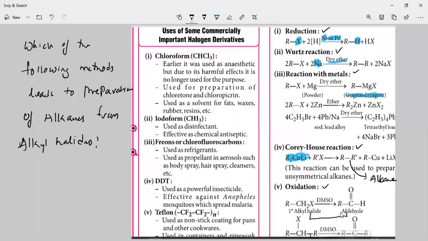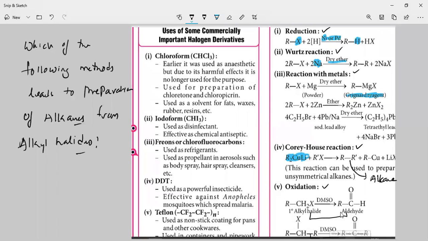Alkanes can be prepared from alkyl halides by reduction. In reduction, in the place of halogen, you are going to get alkane. And by Wurtz reaction also we can prepare alkane from alkyl halides. And by Corey-House synthesis also.